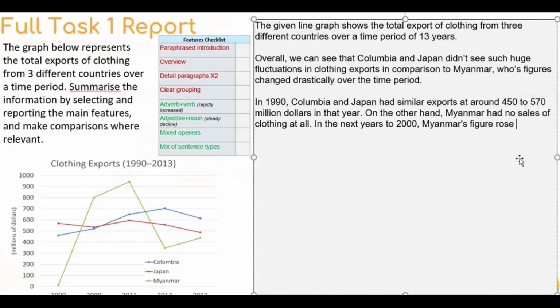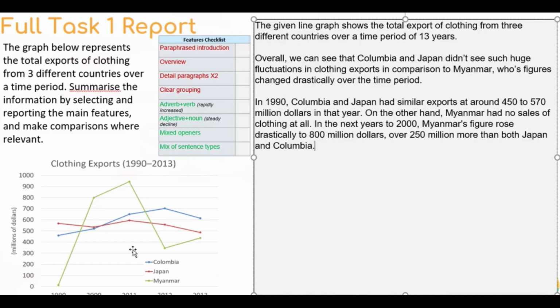Myanmar's figure rose drastically to $800 million. Let's say from Colombia and Japan, which are very similar, around 520. Let's say to $800 million, over 250 million more than both Japan and Colombia.